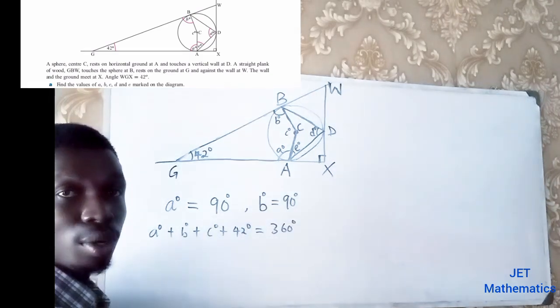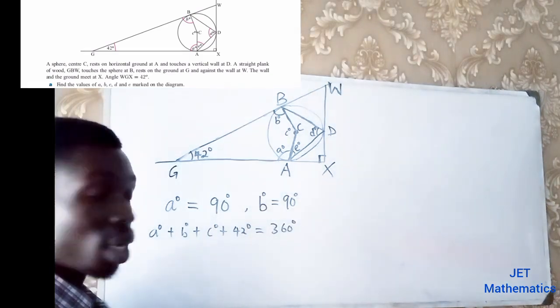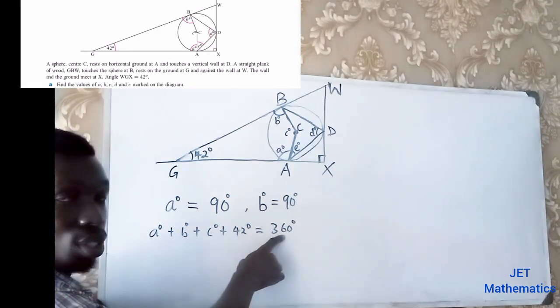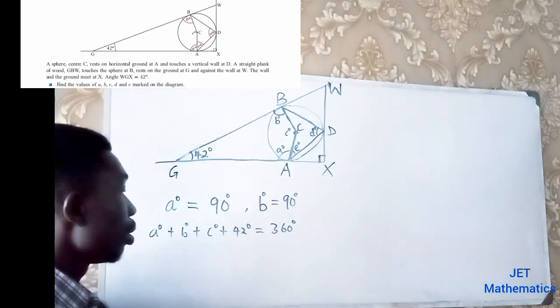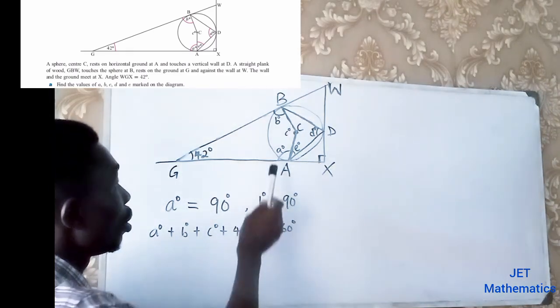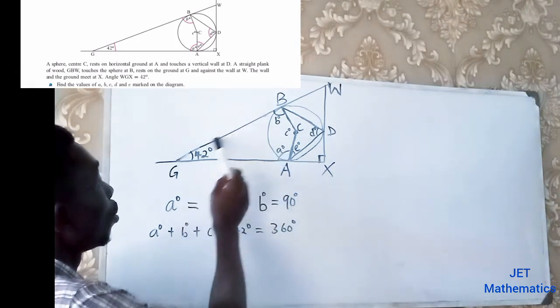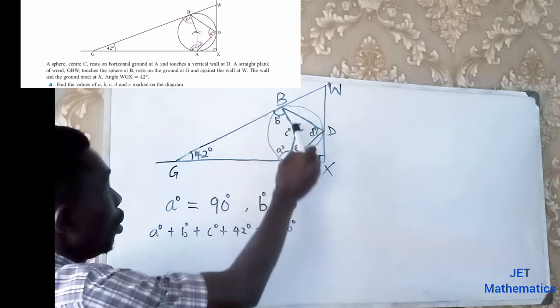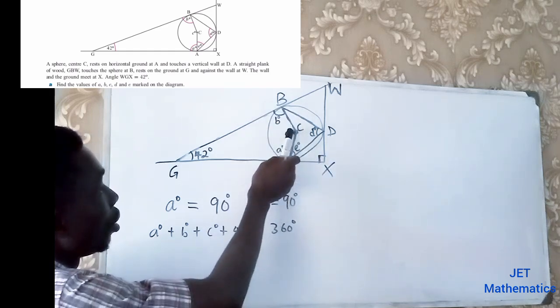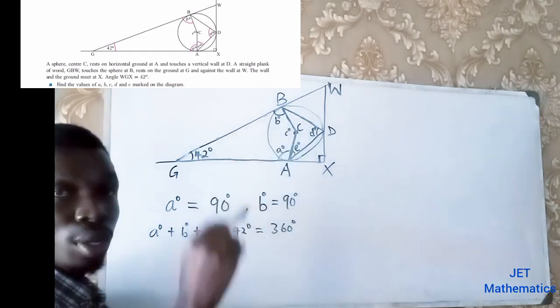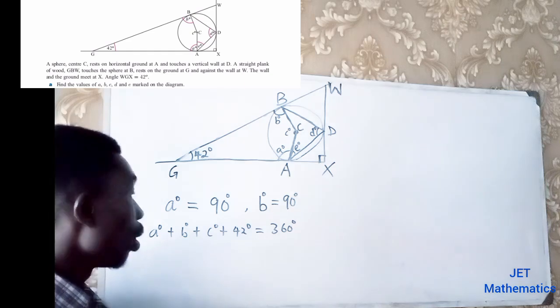That is, the sum of angles in a quadrilateral is equal to 360 degrees. So we have angle A, C, B, and 42 to be the angles of this quadrilateral.